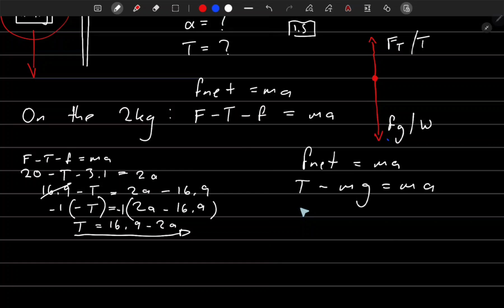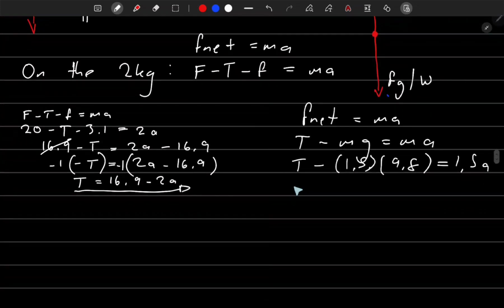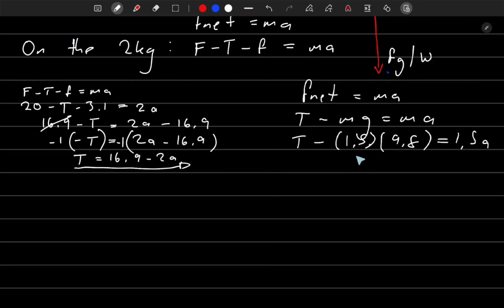We don't know what the tension is, so we write it as it is, but we do know that the mass is 1.5 and the gravitational constant is 9.8. This is equal to the mass, 1.5, multiplied by a. Then we group the like terms. If you check in your calculator, 1.5 multiplied by 9.8 is 14.7, so we have T minus 14.7.